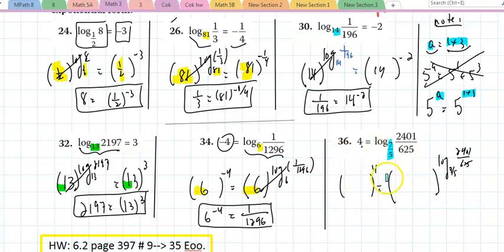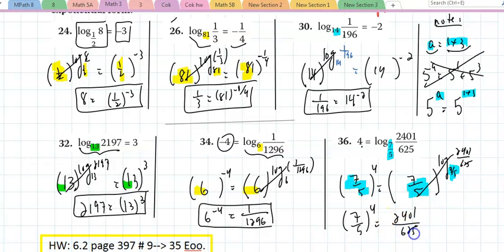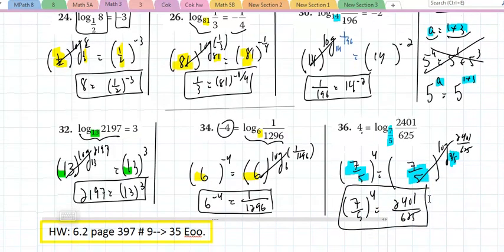I could choose a 5, that will work. I could choose a 7. But to eliminate the log, I'm going to choose the same base, which is 7/5. And 7/5 to the 4th is going to equal, those will undo each other, 2401 divided by 625. This homework is among the most important for this chapter.